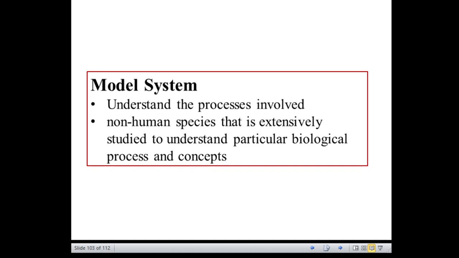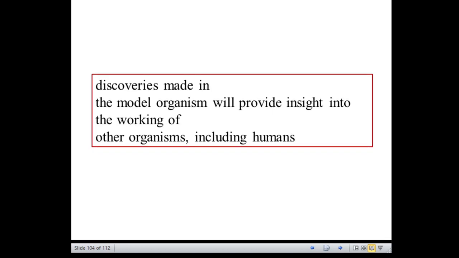So these organisms are chosen because it is believed that the discoveries made in the model organisms will surely provide an insight into the working of other organisms, and this include humans.